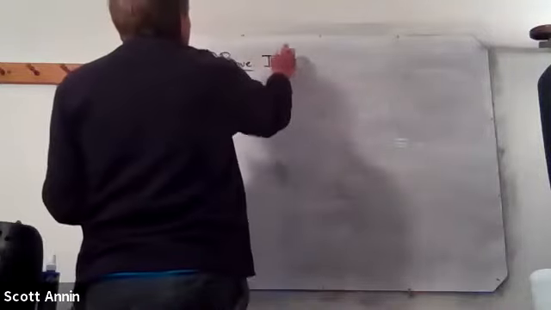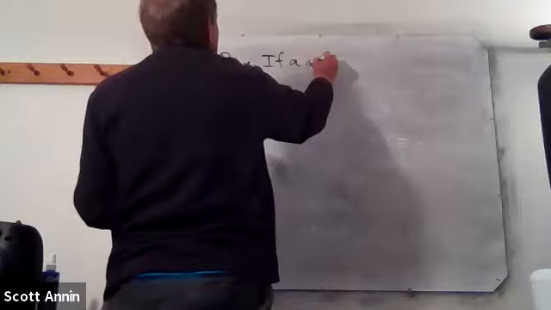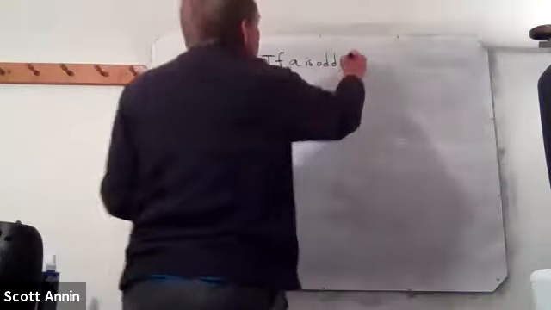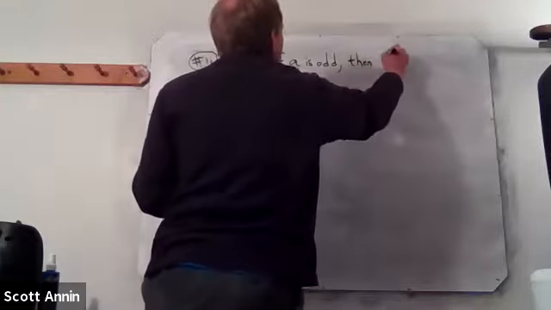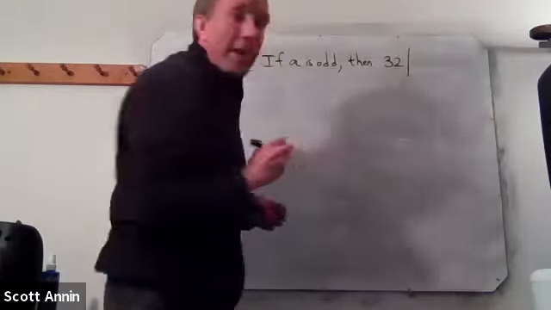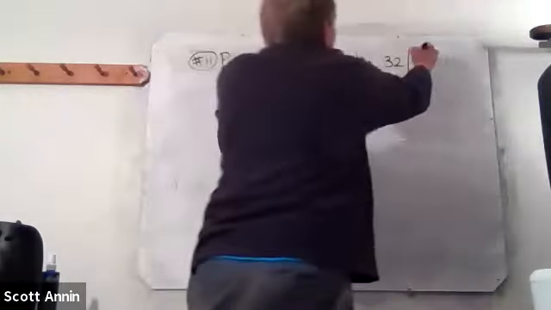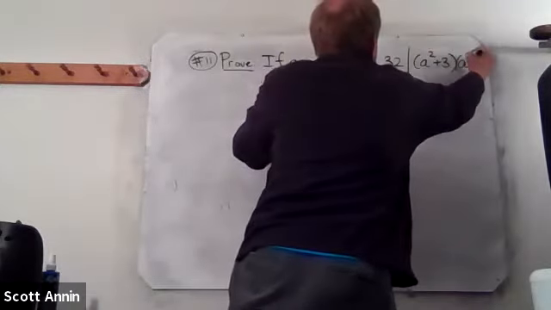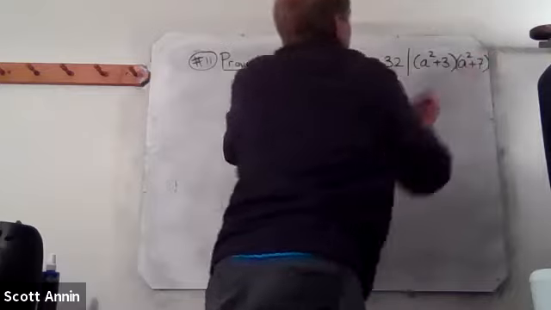If a is odd, then 32 divides the quantity a squared plus 3 times a squared plus 7.